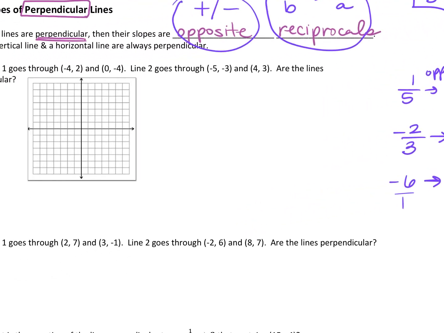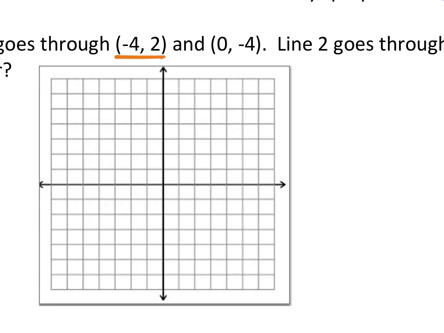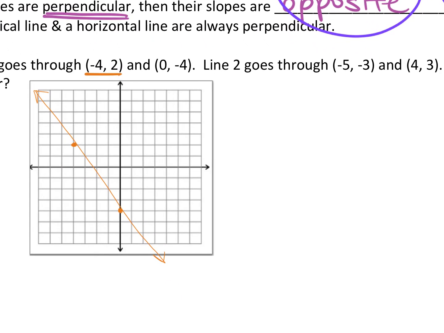Okay. So let's take a look at this because this first one is just like we did it yesterday. You're just looking at the slope differently. So -4, 2. Okay, 1, 2, 3, 4 to the left, 2 up, puts you right here. 0, -4, 1, 2, 3, 4, puts you here. Okay, so that's our first line.